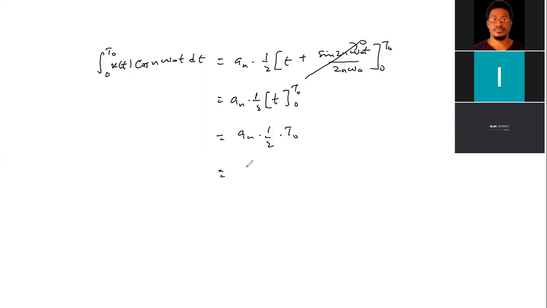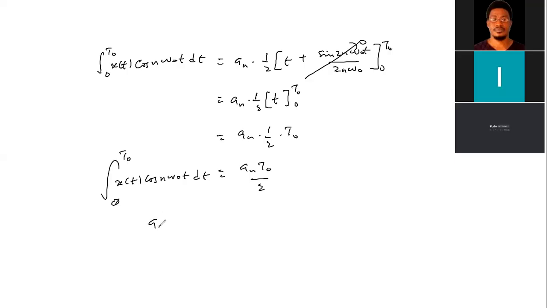So this now is the same as a_n T0 over 2, which is the same as the integral of s(t) cos(n ω0 t) dt, taking values from 0 to T0.